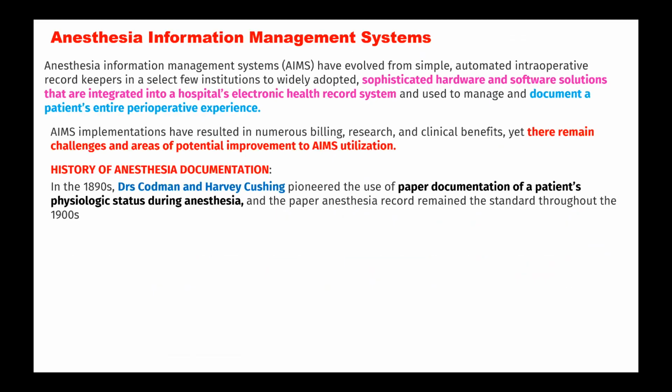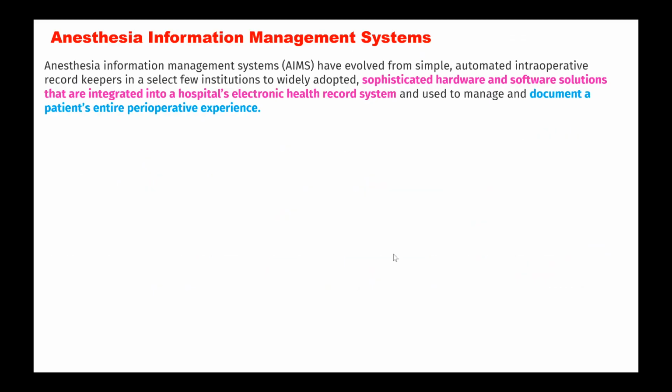So anesthesia information management system is a simple automated record keeping. It is nothing but the record keeping which is available now only in selected institutions, because of the involvement of computers in our day-to-day practice.